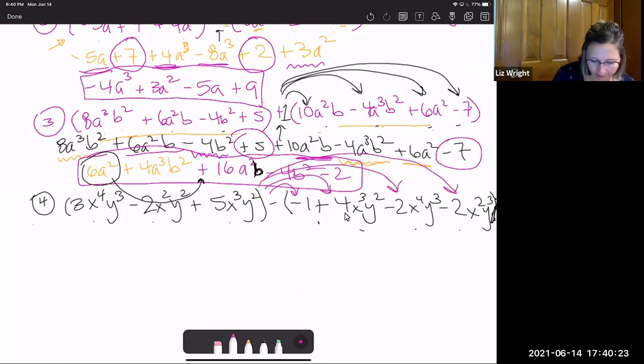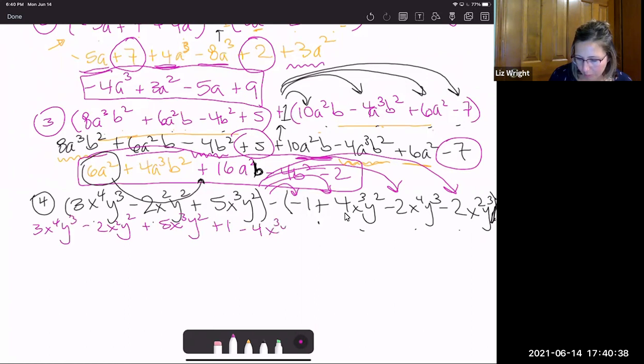So then I'm going to have 3x to the 4th y cubed minus 2x squared y squared plus 5x cubed y squared plus 1 minus 4x cubed y squared plus 2x to the 4th y cubed plus 2x squared y to the 3rd.